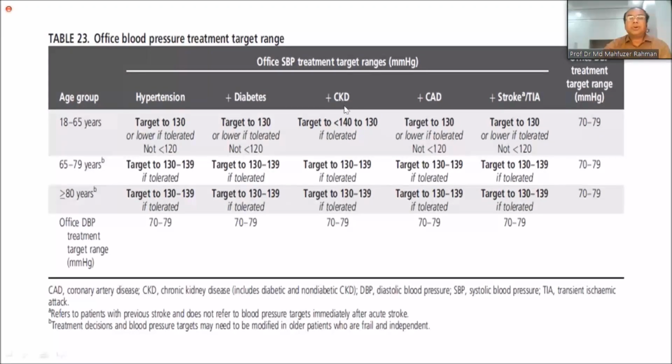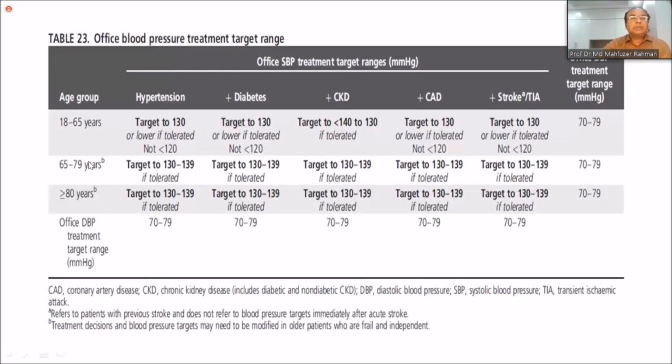In presence of chronic kidney disease, it is less than 140 to 130 if tolerated. In coronary disease, target 130 or lower if tolerated, but not less than 120. Patient having a stroke or transient ischemic attack, target 130 or lower if tolerated, but not less than 120.